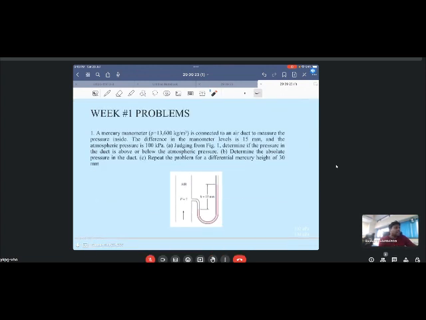Having said that, we'll start with a few numericals. I have around 15 to 20 problems here that we can solve during these sessions. If you have any other questions, please feel free to put them forward.